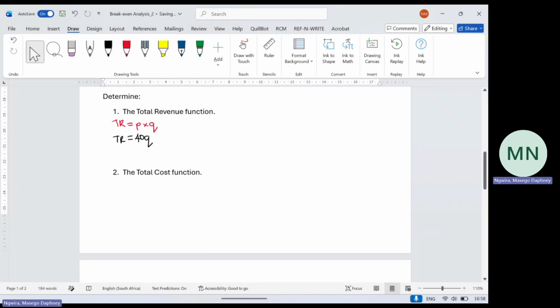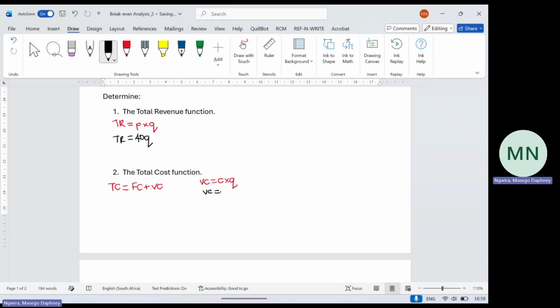It says determine the total cost function. We know the total cost function is equal to fixed cost plus variable cost. We don't have our variable cost, so I'm going to calculate it on the side. Variable cost is equal to C times Q, cost times quantity.